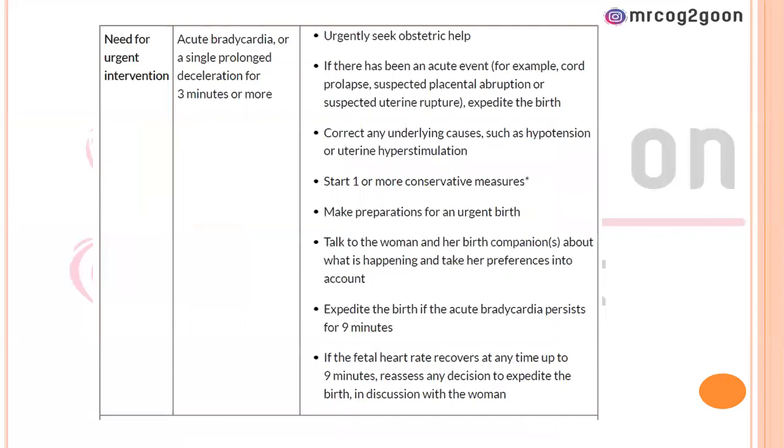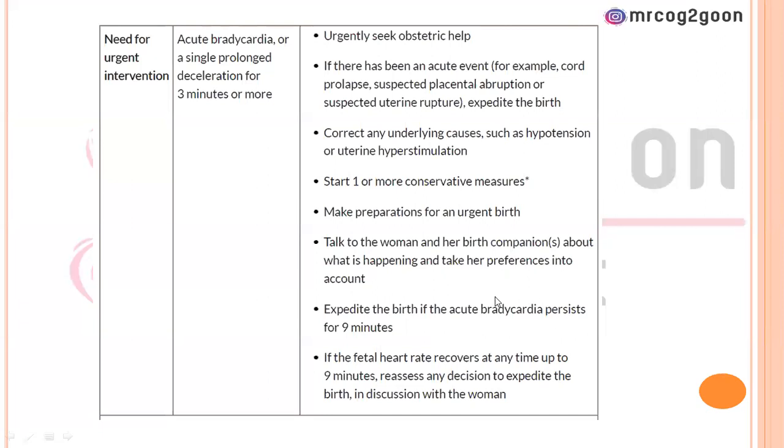Need for urgent intervention: acute bradycardia, a single prolonged deceleration for more than 3 minutes. This patient has to urgently seek obstetric help. If there has been an acute event, expedite birth, correct any underlying cause, start conservative measures, make preparation for urgent birth, talk to the woman and her companion.